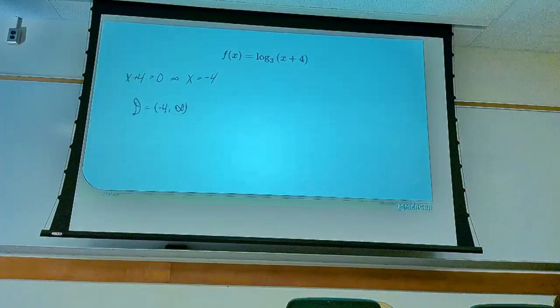You cannot find a power that, when you raise 3 to it, gives you 0. 3 to 0 is 1. So it's undefined. No such power exists. No such finite power exists, let's say that.